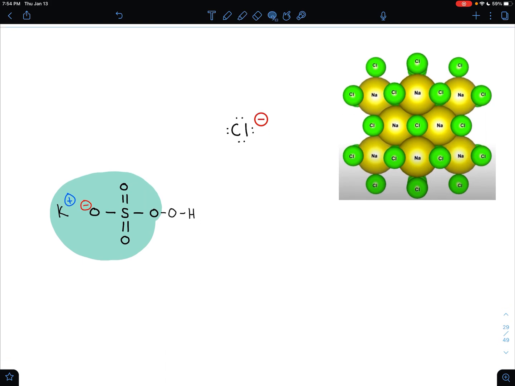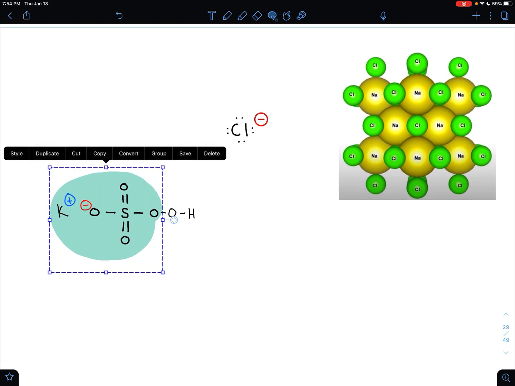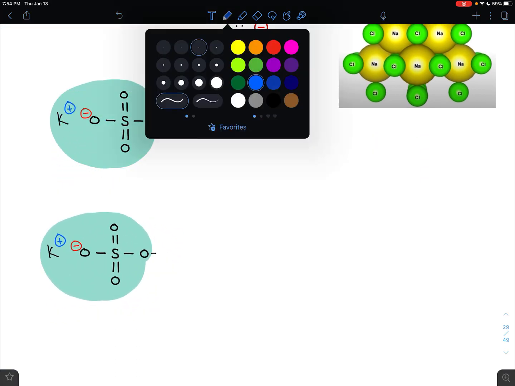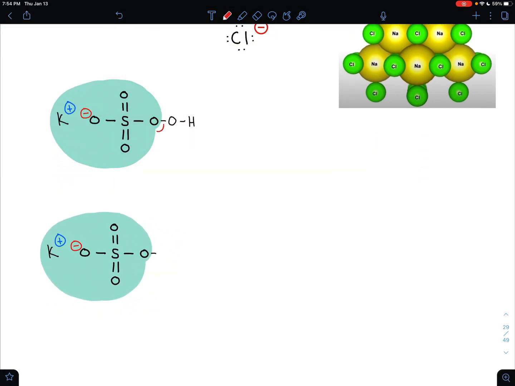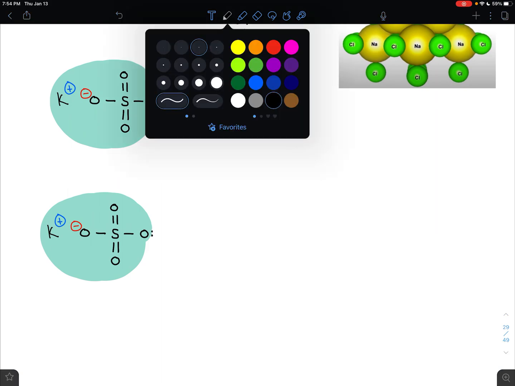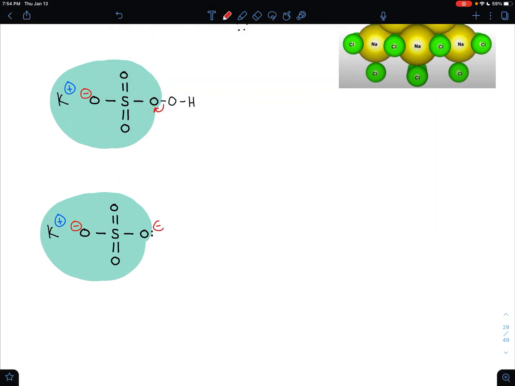Because if this were to take these electrons for itself and develop a negative charge on that oxygen, the negative charge would be stabilized through resonance.